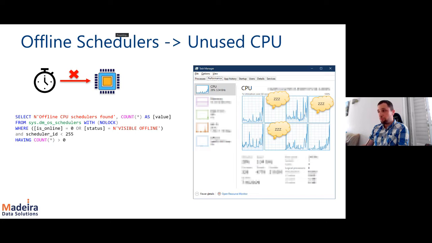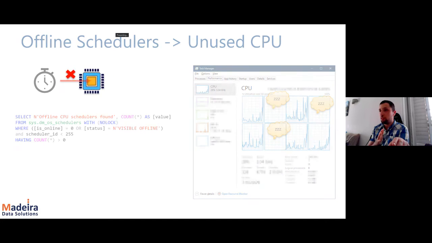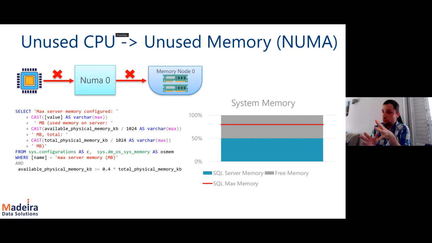Now, if a core is unusable and we have a NUMA architecture that splits the memory space between logical cores, we can end up with a problem similar to this, where half of our memory is not usable by SQL Server, even though the SQL max memory setting is high enough.